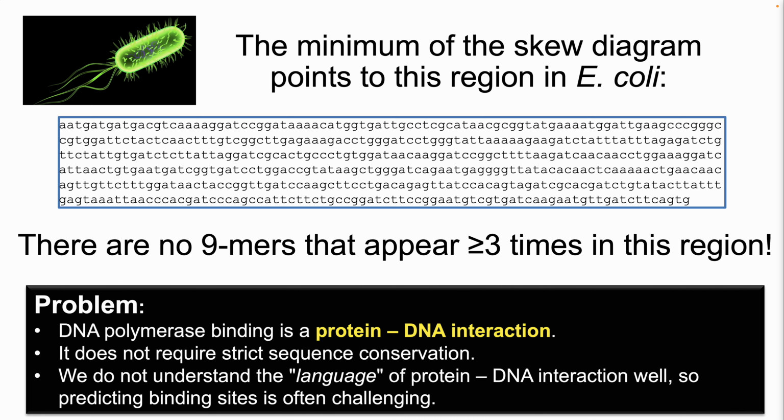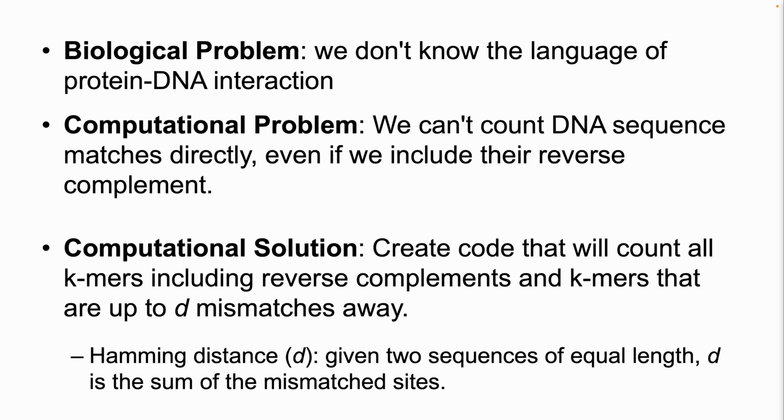It just doesn't work. At least the first pass that we've gotten to this point doesn't work. And that's because we really just don't understand this language of how protein recognizes DNA. And that's the real biological problem. So we don't know that language of protein-DNA interaction very well.